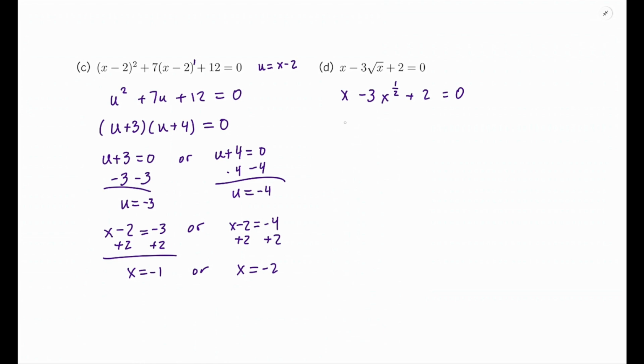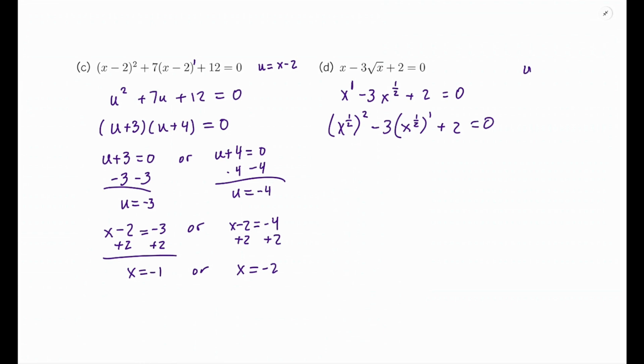Well, here, x to the 1/2 power squared is equal to x, and then minus 3x to the 1/2 power to the first power plus 2 is equal to 0. So in other words, this exponent of 1 was double the exponent of 1/2. So that's what you're looking for to determine if you can use a u substitution: one of the exponents is double the other.